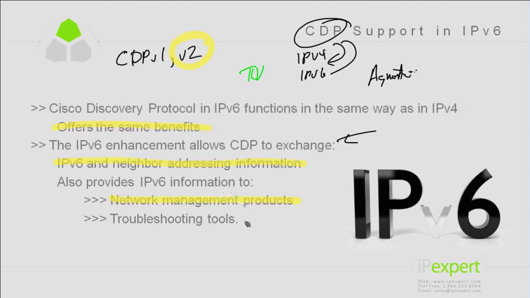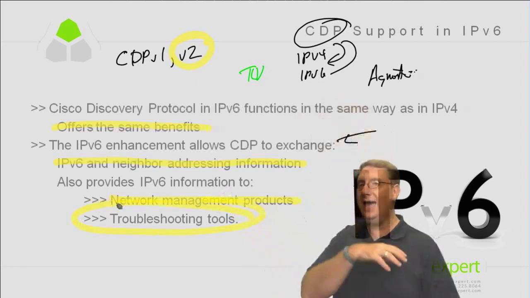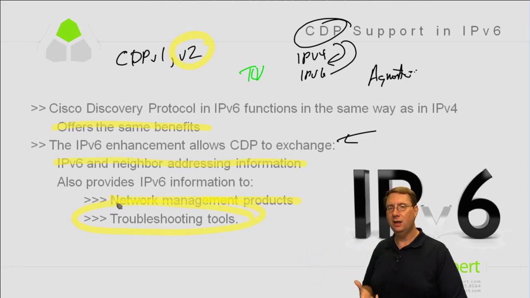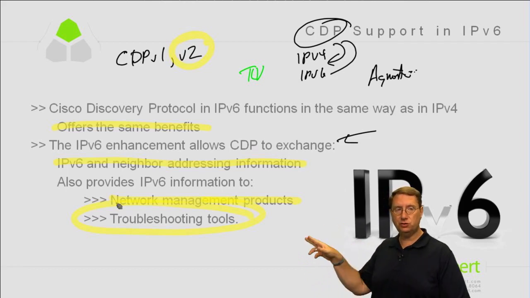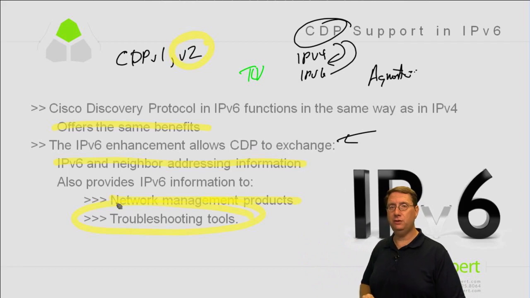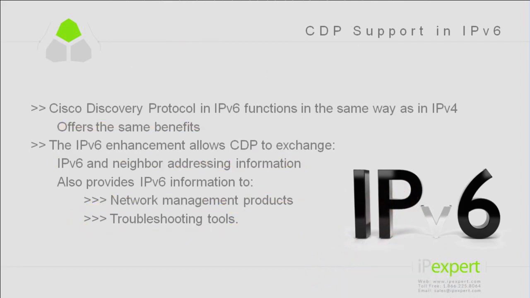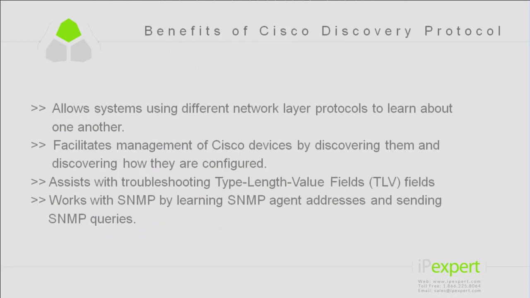And it's also important that it's going to be an integral troubleshooting tool, as it is in IPv4, when we're troubleshooting or we're starting to try to look at our layer 2 environments. So it's not only a point of view from troubleshooting, it's also a tool that we can use for discovery, because keep in mind, we have to be able to divine what our layer 2 environment is.